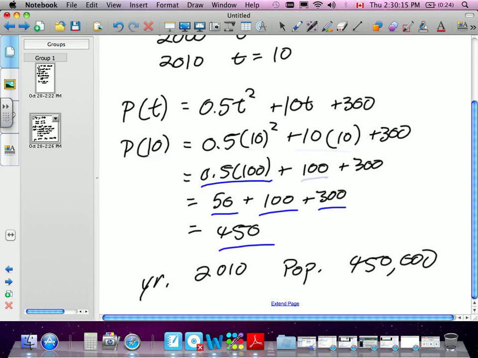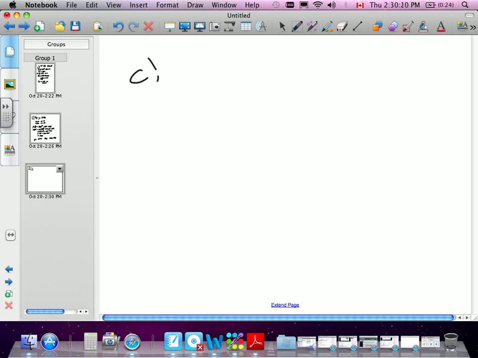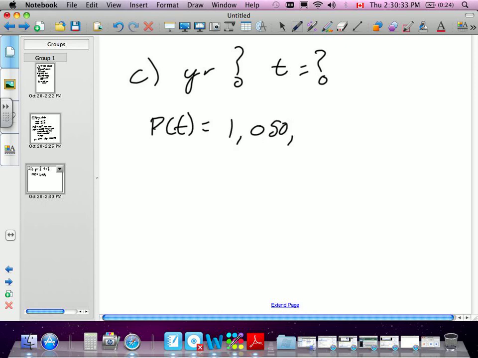Last thing, C, it asks us what year. So in this case, we're looking for the year, which is our t. We're looking for t. Will the population, so P at t, be equal to 1,050,000? Okay?